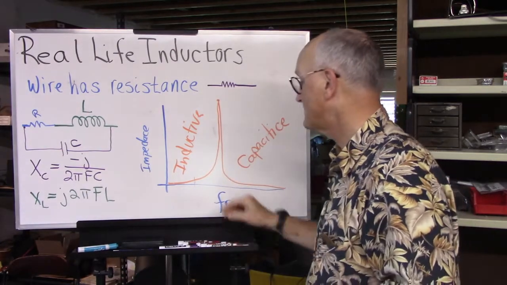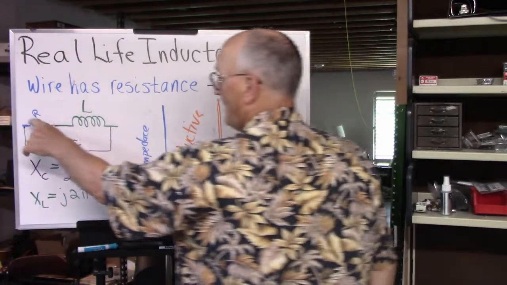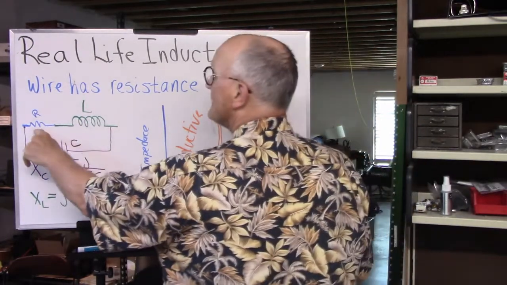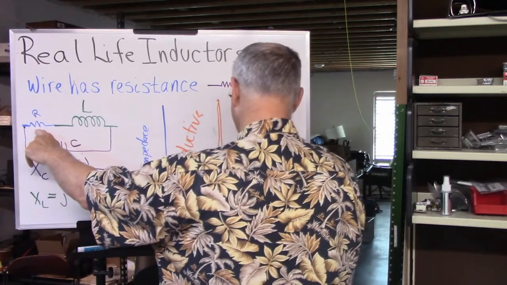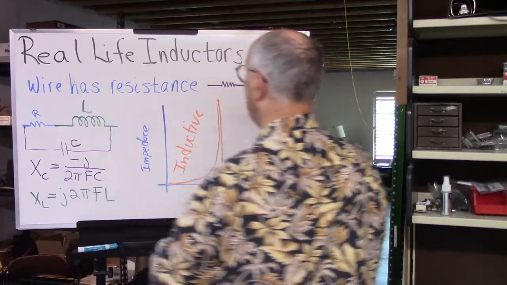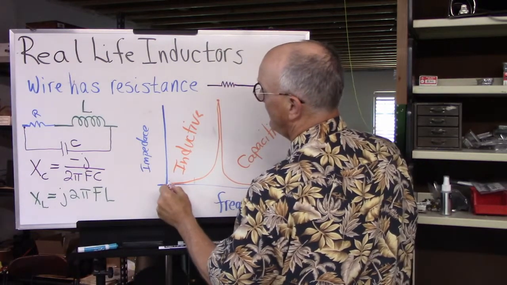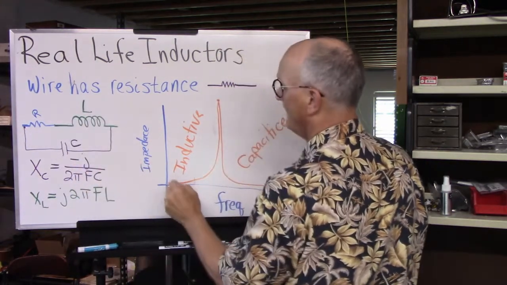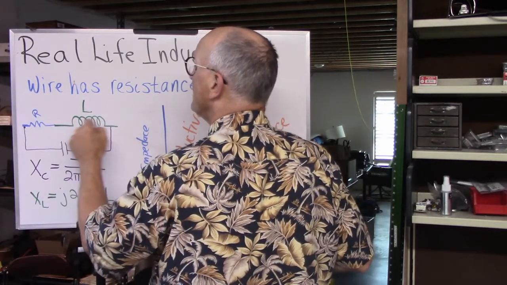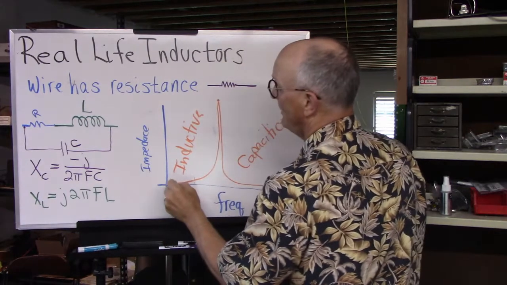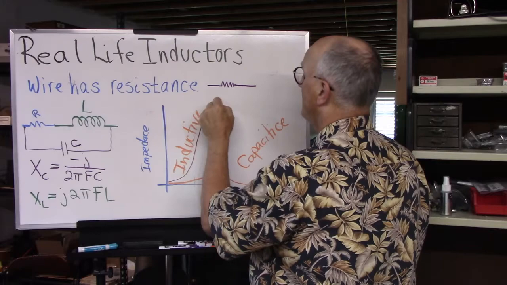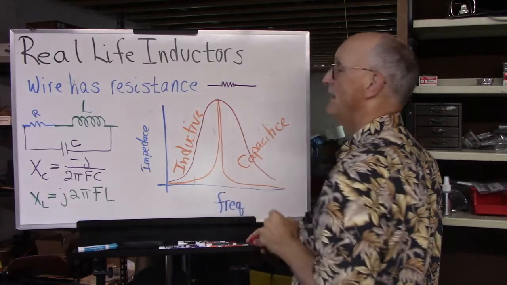And you know, it's interesting that how narrow this is here depends on the resistance of the coil, of the wire in the coil. If you were to take this same thing here and have more resistance, have a lossier inductor, you would actually see this broaden way out like this.